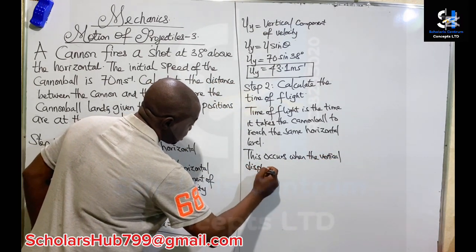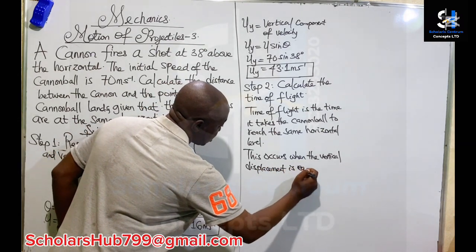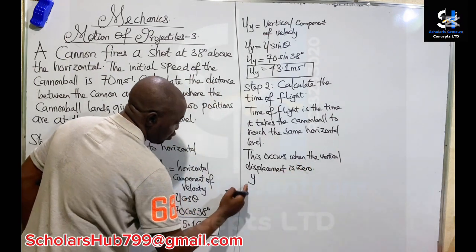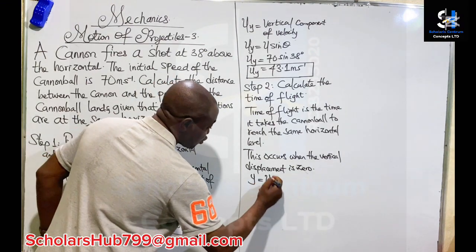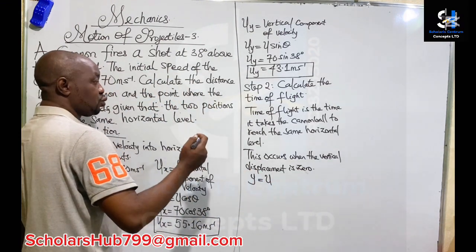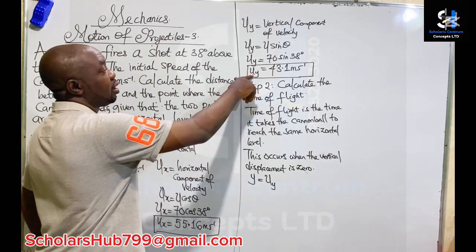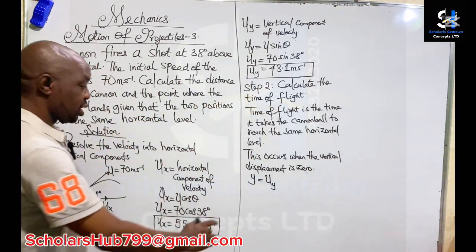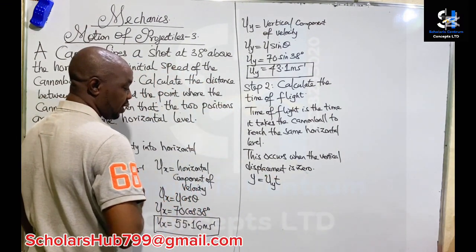And in that case, this occurs when the vertical displacement is 0. So we know that y, which is the vertical displacement or vertical distance, is equal to the initial vertical velocity, the vertical component of velocity, uy, multiplied by t, which is the time of flight.